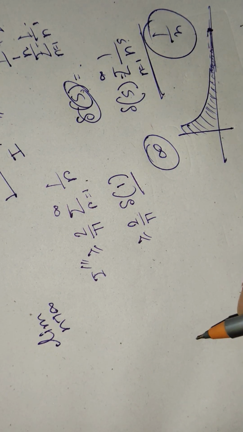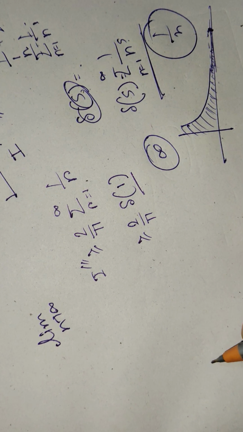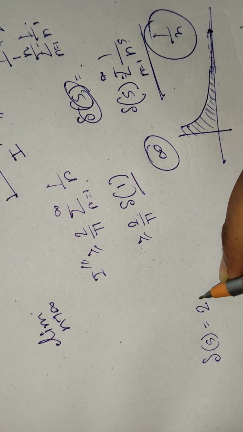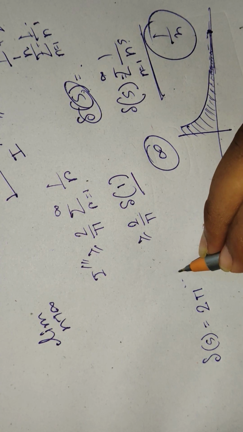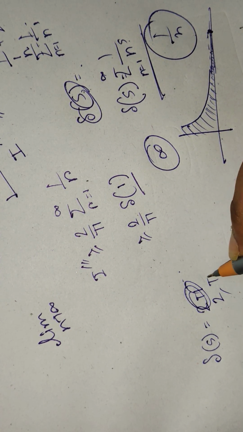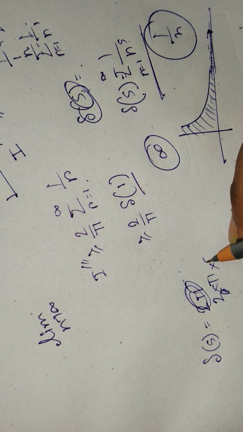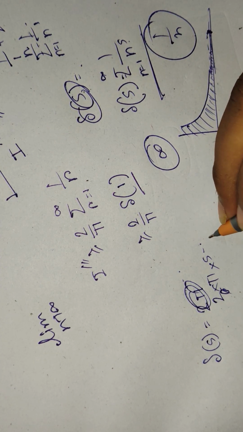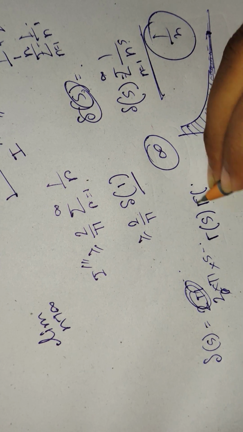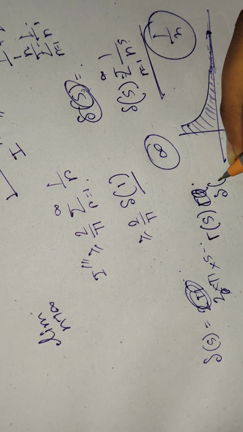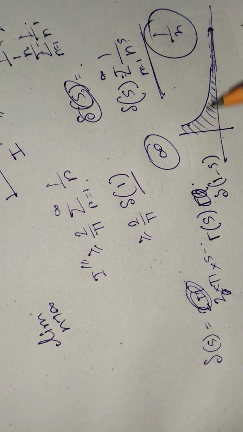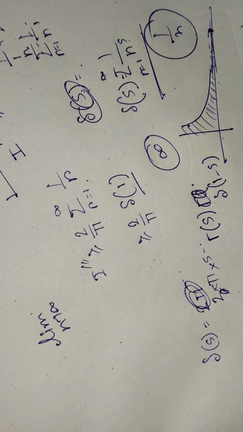Let me introduce you to a formula, which is zeta s equals 2 into pi to the power something, I have forgotten the exact formula. Basically there will be a 2 pi into sine something, and there will be a gamma s and zeta 1 minus s. Now if we put zeta 1, then the value will be a constant.